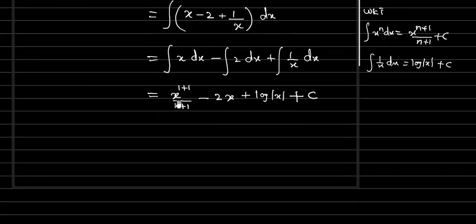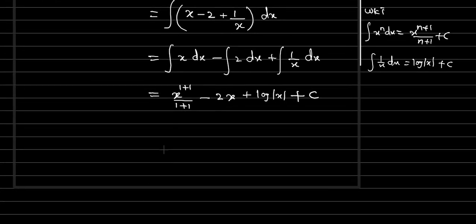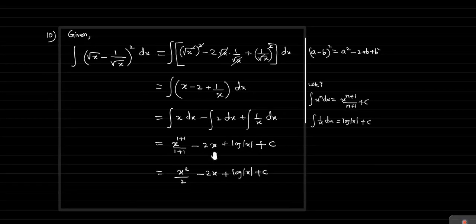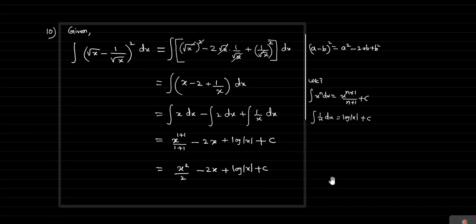Now simplification: x power 1 plus 1 is 2. So x square by 2 minus 2x plus log modulus of x plus c. So that's all for this sum, the 10th sum. Next we can move on to the 11th sum.